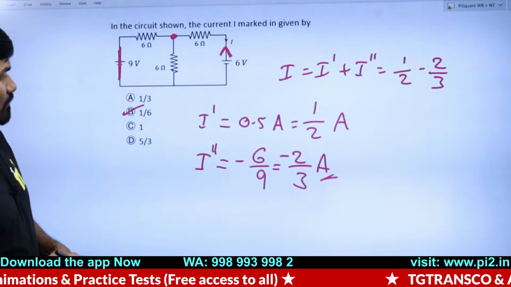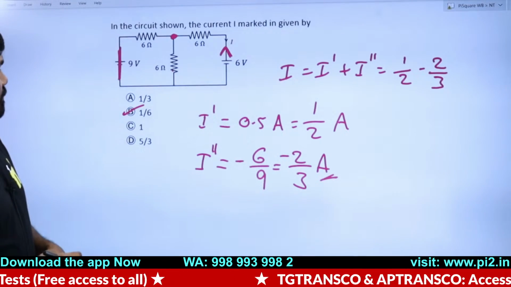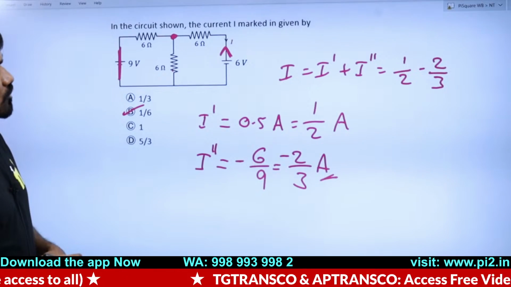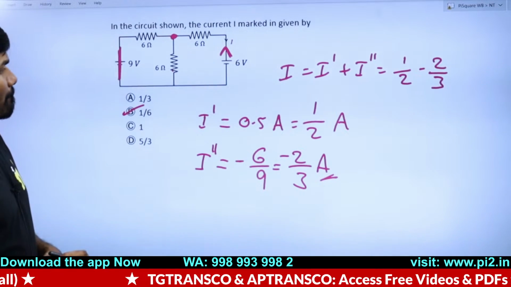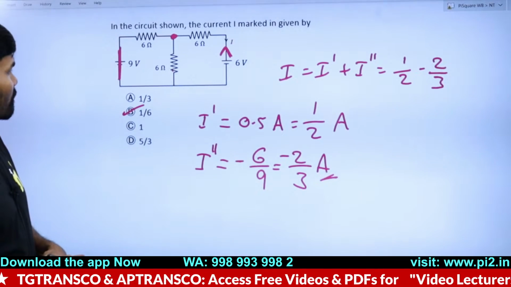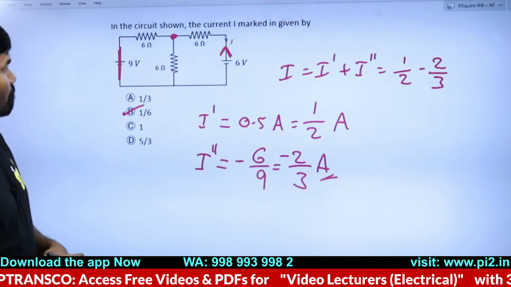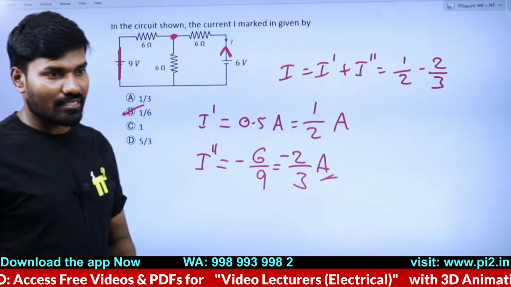Anything missing? 2 by 3, fine. No, it is supposed to be minus. A minus 1 is missing somewhere. The minus sign is missing somewhere, guys.